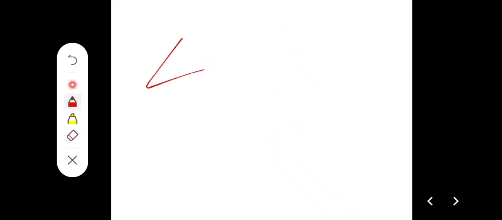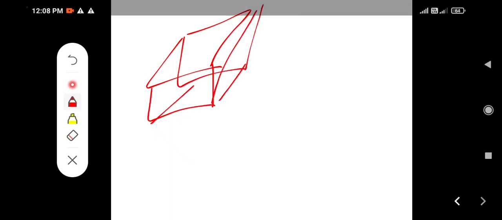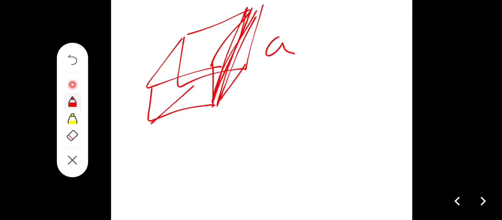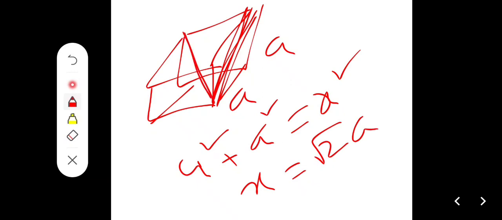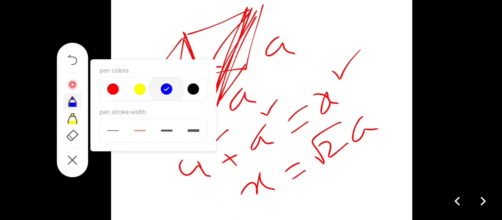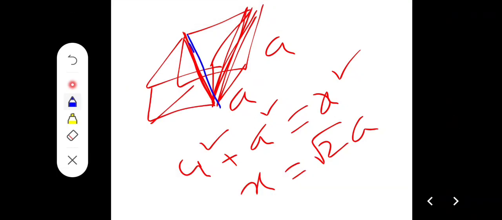For a cube, always remember the face diagonal. With the sides a, it forms a triangle, so a square plus a square equals x square, that is x equals root 2a. Now we consider the body diagonal.